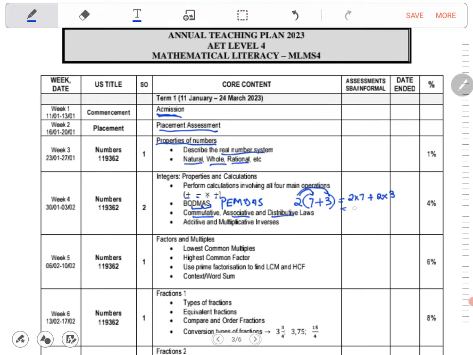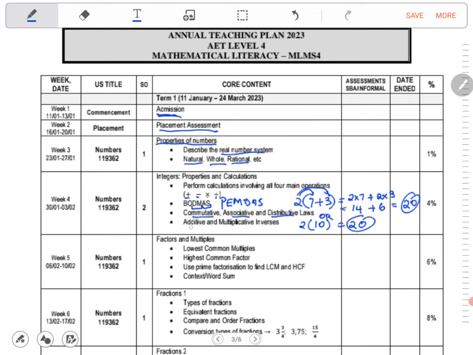So this would be 14 plus 6, which gives you 20. Or alternatively, when you're dealing with BODMAS, 2 into 7 plus 3, that will give you 10, and 2 times 10 gives you 20. So you can see that you are arriving at the same place. Those are some of the things that you will have to do.